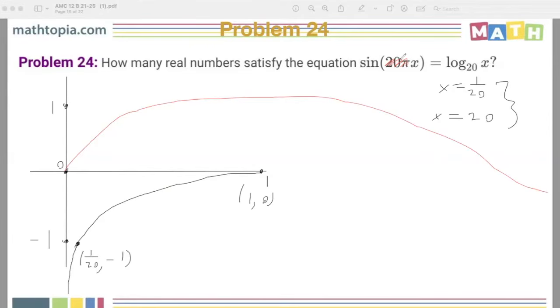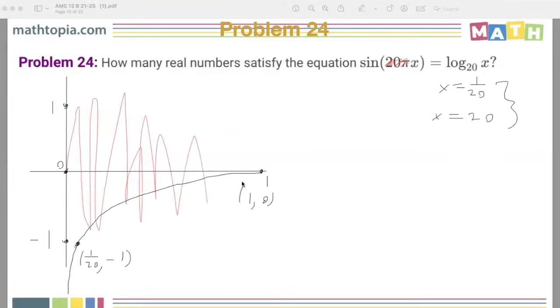By doing sine of 60x, by the time x is only 1 over 60, the y value is already sine of 1. So it's going to shoot up and then shoot down and then shoot up and shoot down very fast.